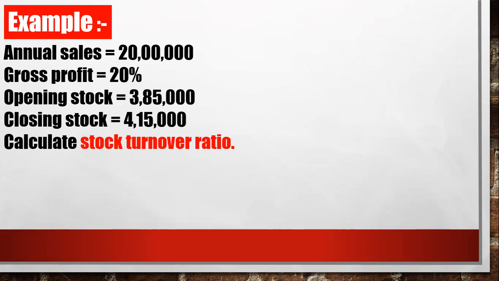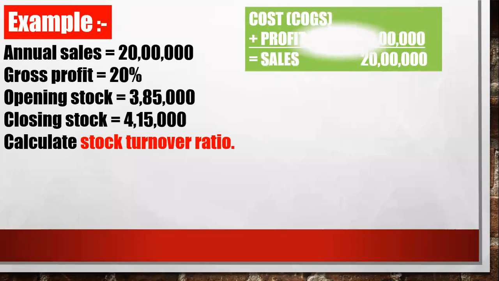Because cost plus profit is equal to your sales. So in this sum, sales is given 20 lakh and your profit is 20%, you have to calculate on your sales. That comes to 4 lakh. Clear? So your sales is 20 lakh. You have calculated 20% profit on your sales amount, that is 20 lakh multiplied by 20%, you will get 4 lakh.